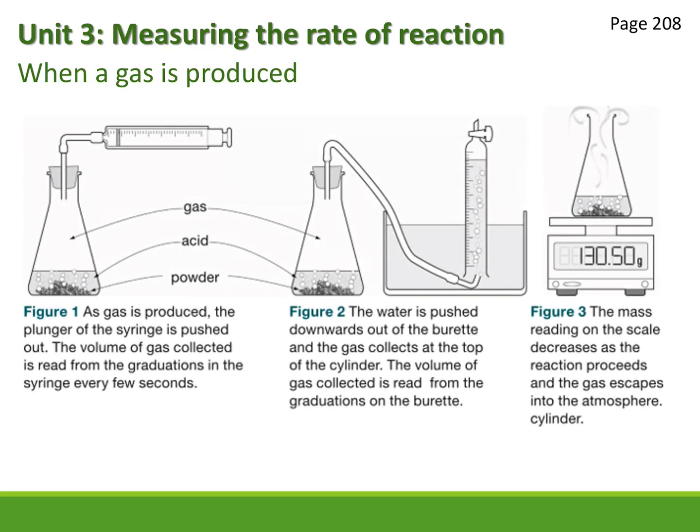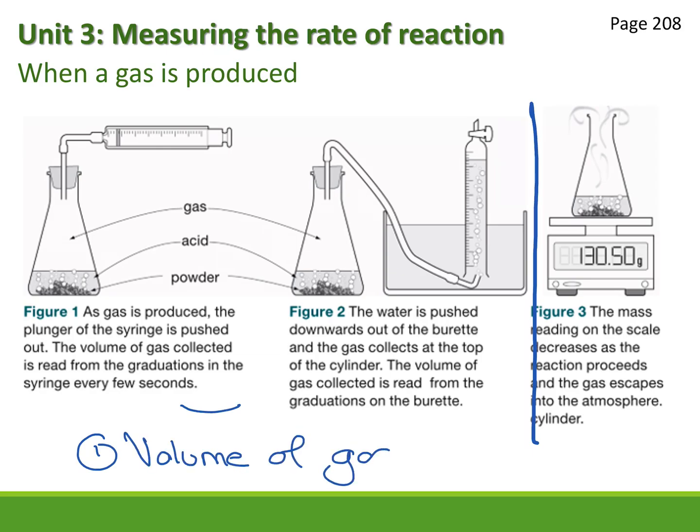Okay, so when a gas is produced, and really this is as much detail as you need, there are two ways we can measure rate. Number one, these two methods are for measuring the volume of the gas produced. Here we're going to measure the volume directly, either by using a gas syringe, which just fills, or here they've used a burette.